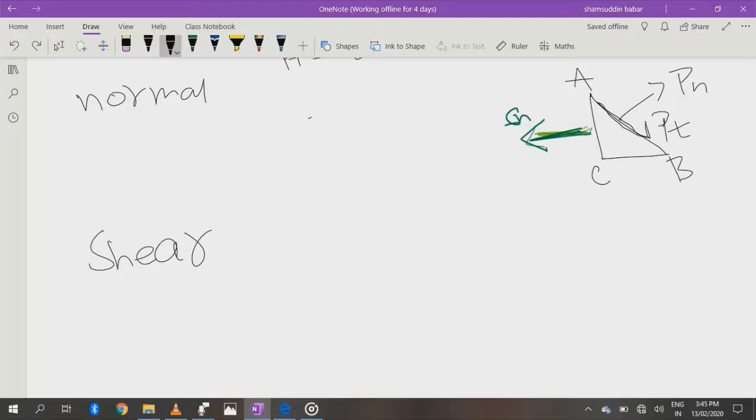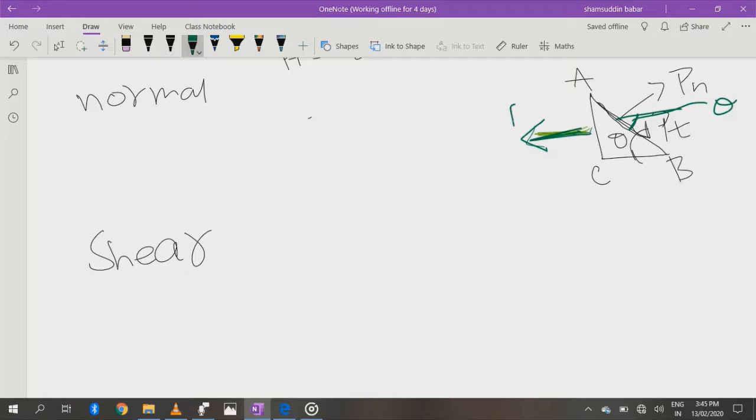I will mark it as theta. This is my theta, and I find out that this angle is also theta, so my shear component will be Pn.